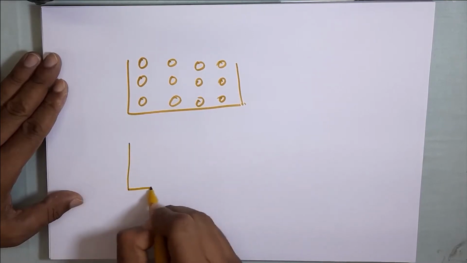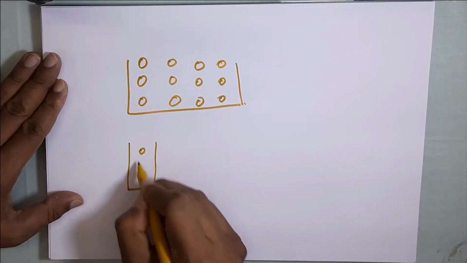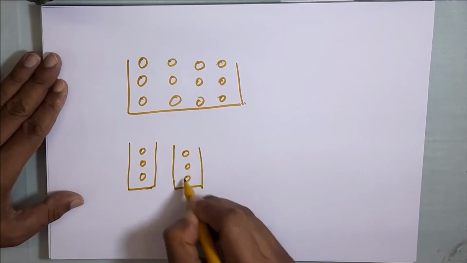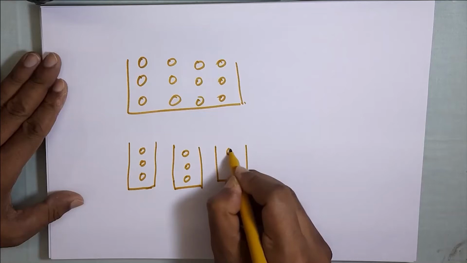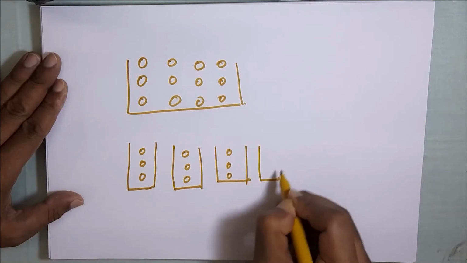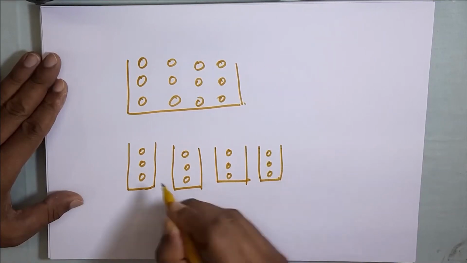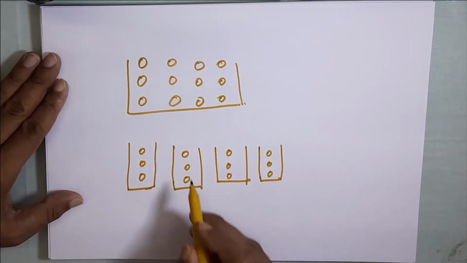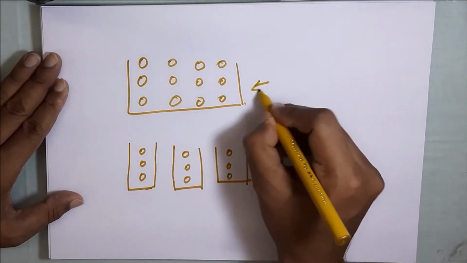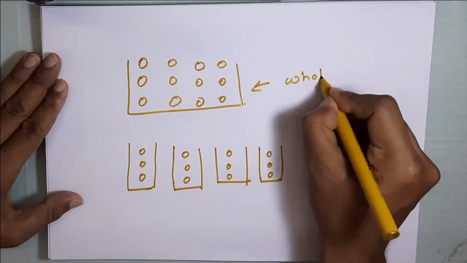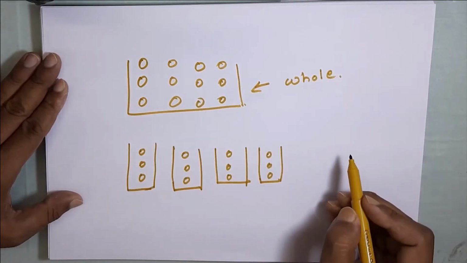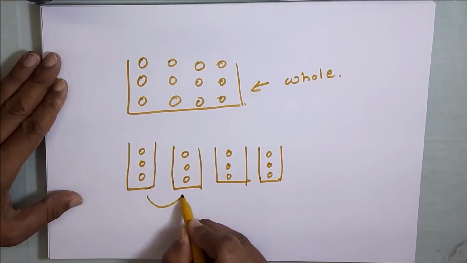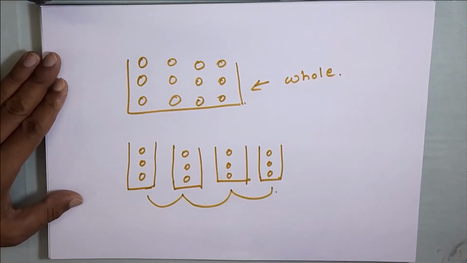So you now make four buckets with balls. In very simple words, I have divided the balls, and it doesn't matter how many balls there are, but it is equally divided. The entire bucket we call a whole. Now this whole is divided into four equal parts. If you see, one, two, three, and four equal parts.